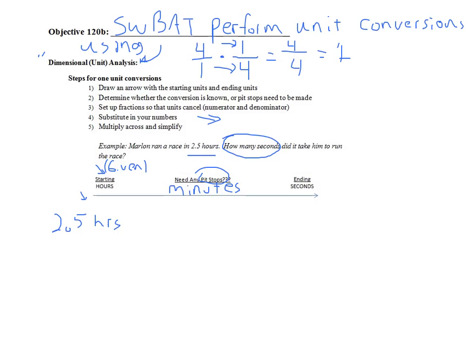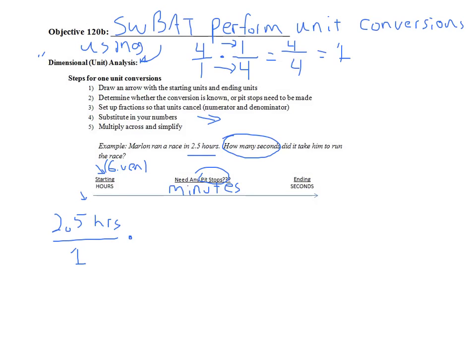Now, how do we write anything as a fraction? We can write anything over 1. If I give you the number 152, you can rewrite that as 152 over 1.